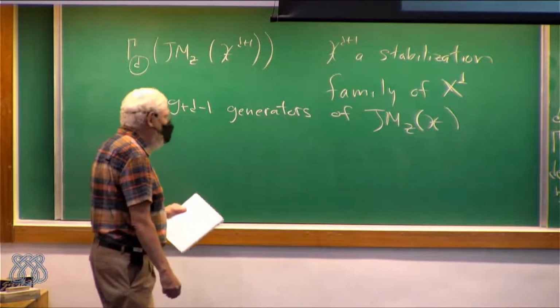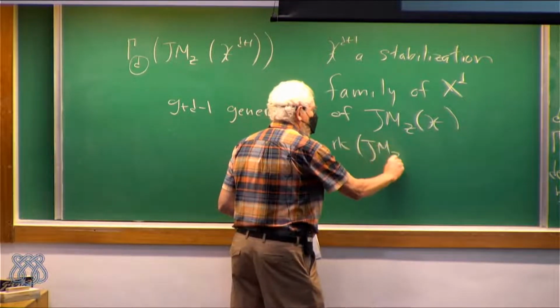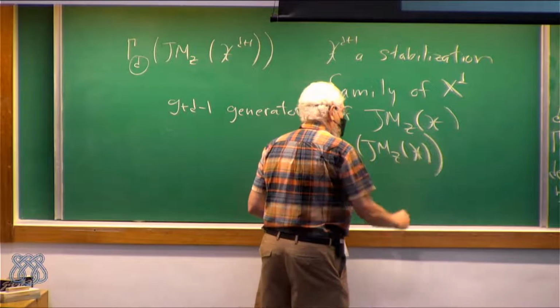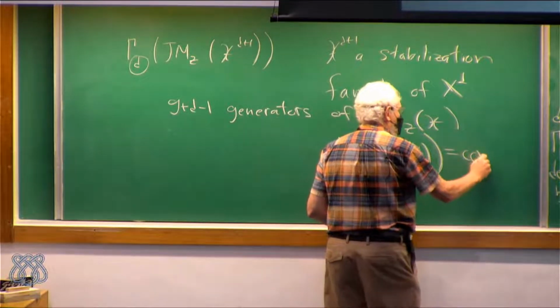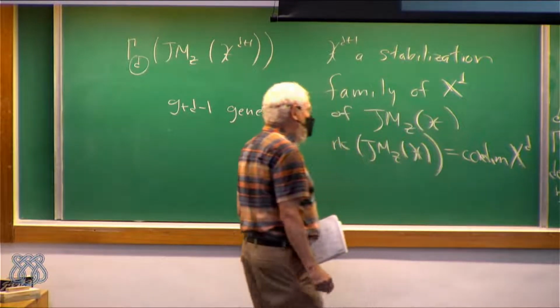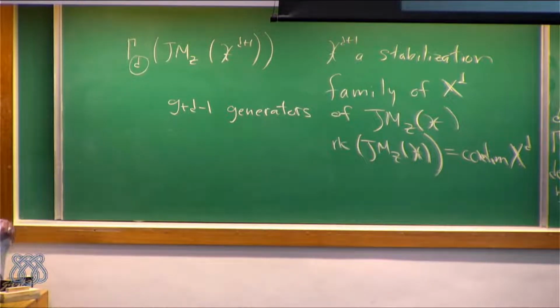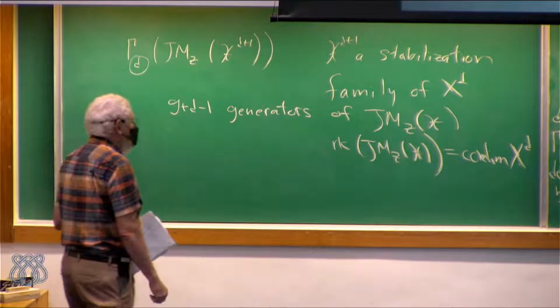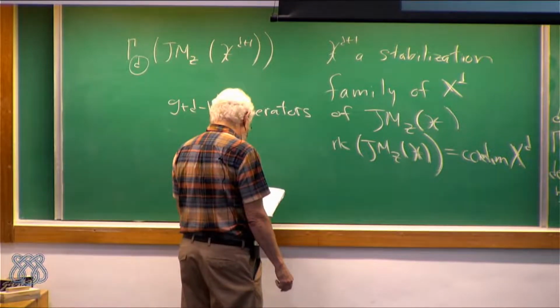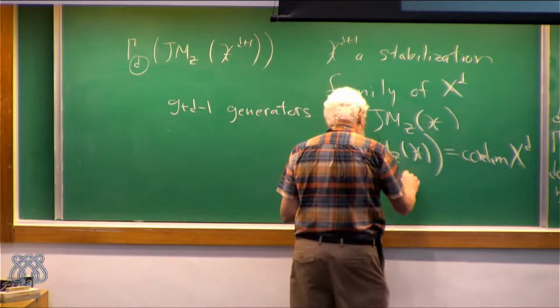Well, what is g? Well, the rank of JM_Z of X is just the codimension of X_d, right? Because I've increased the dimension of the domain by 1, and the dimension is increased by 1, so the codimension is the same. Now, this is equal to n minus d.